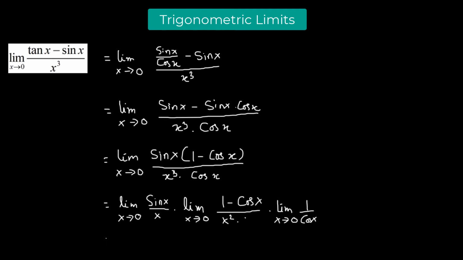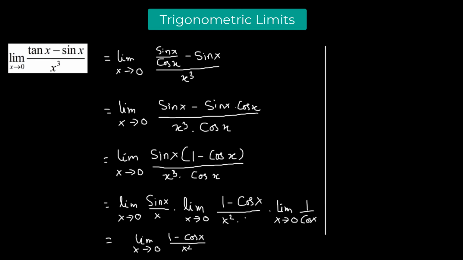The limit x tending to 0 of sin x over x is going to be 1, and the limit x tending to 0 of 1 over cos x is also going to give us 1. So we are left with the limit x tending to 0 of (1 minus cos x) divided by x squared.